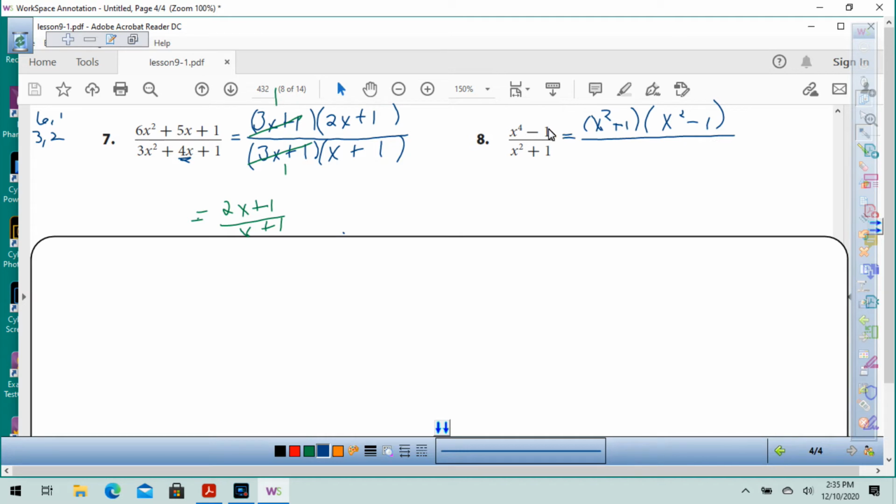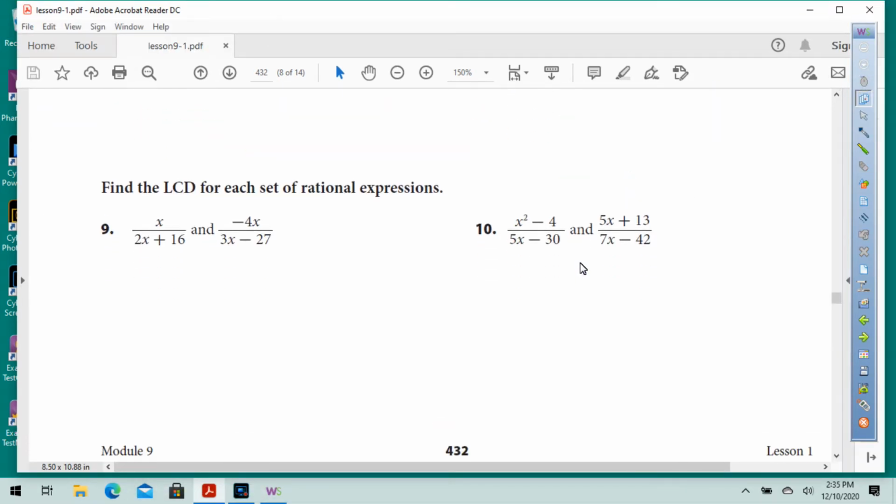That's the numerator here. In the denominator, I just got x squared plus 1. These cancel out, and I am left with x squared minus 1. Yeah, these ain't super hard.